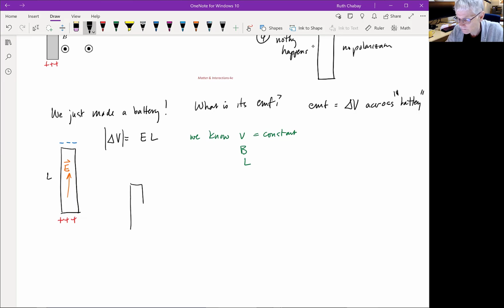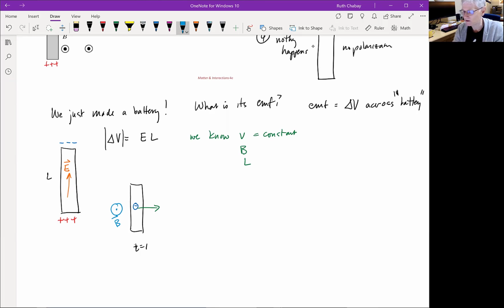So initially, when we're just starting out, at time 1, here's our mobile electron. It's moving that way. The magnetic field is out of the page.